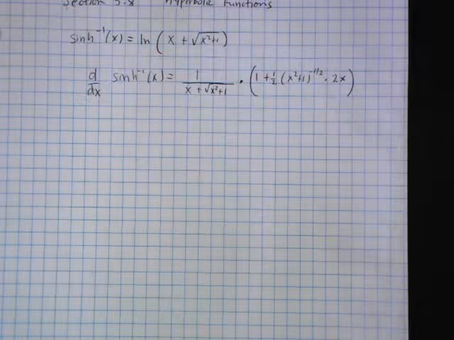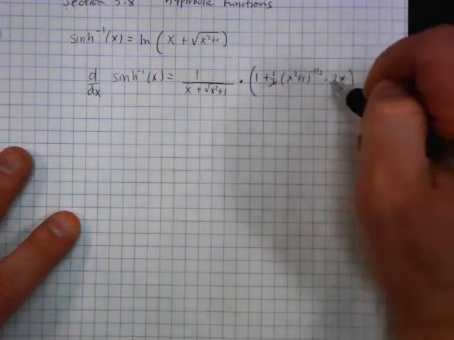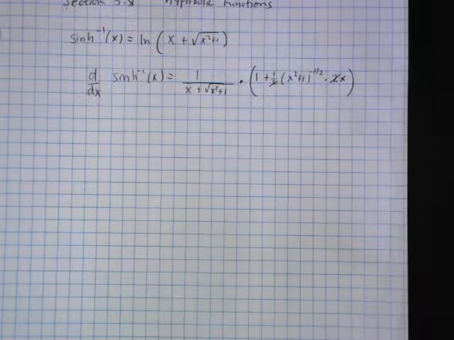But the bigger question is, can you simplify that? The 2's cancel. Absolutely they do. They multiply to be 1.